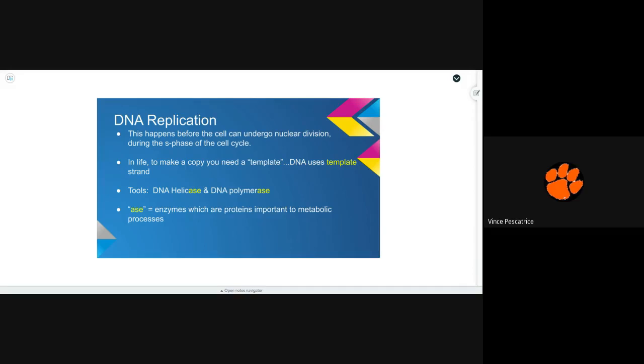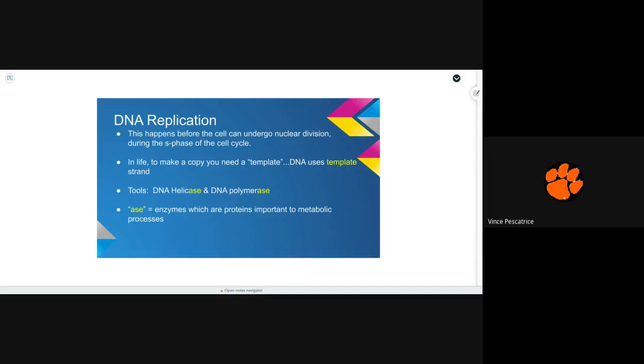So the things that are used are DNA helicase and DNA polymerase. All right, so these things can be broken up into base words. So if you see something that says A-S-E on the end of it, it means that enzymes are proteins that are important in the metabolic process.